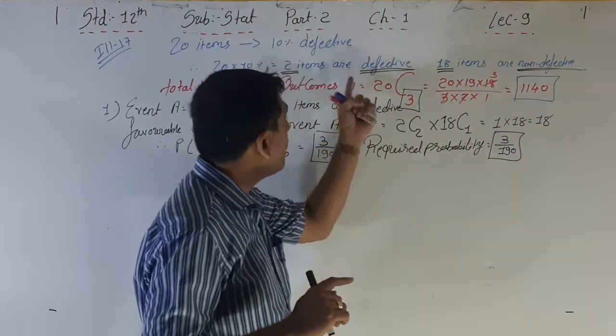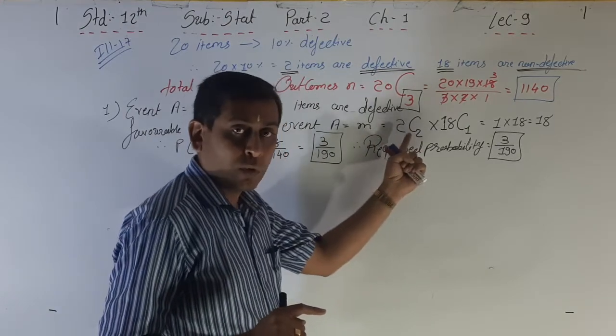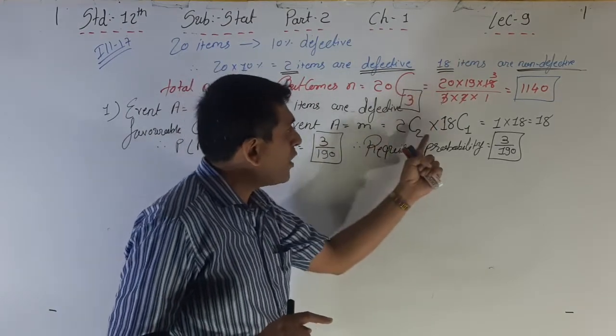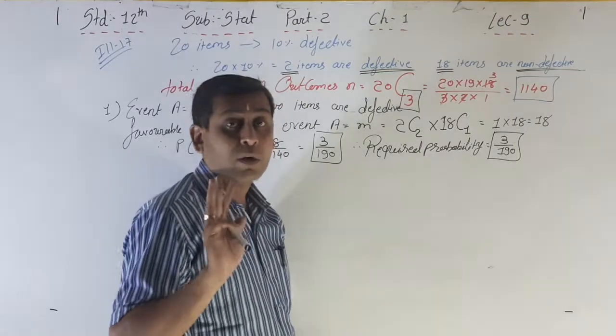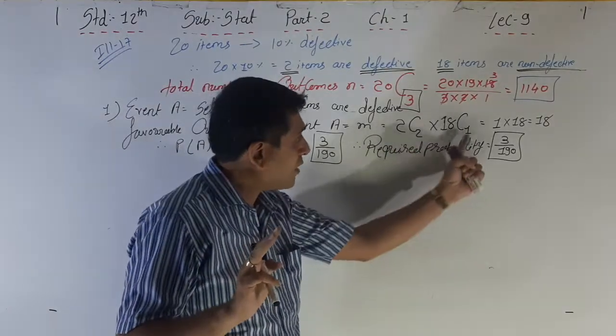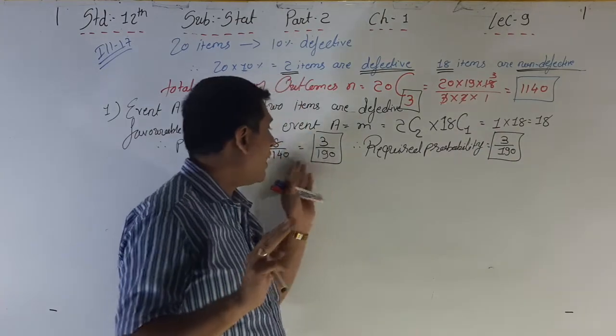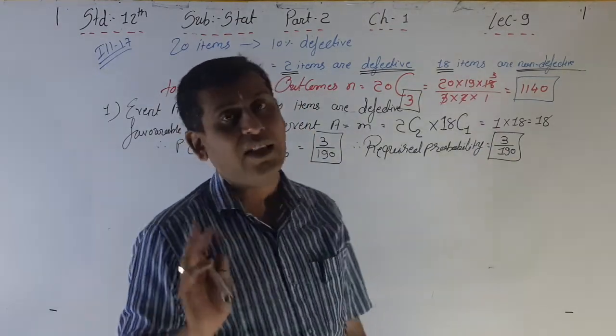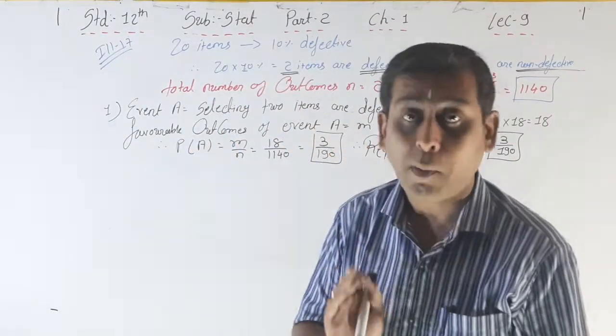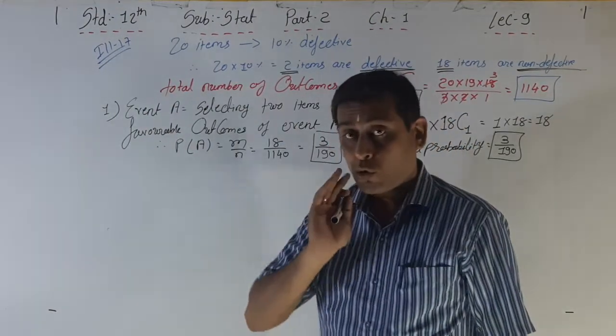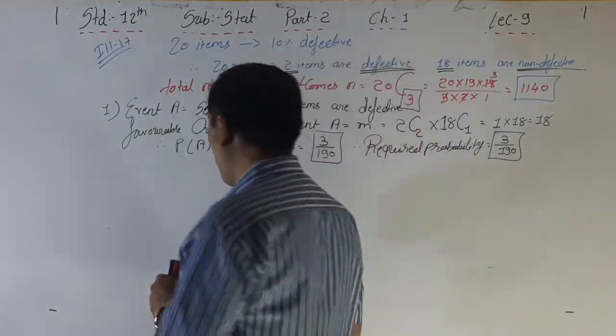From 2 defective we are selecting 2, that is 2C2. From 18 non-defective we are selecting 1. Total selection is 3 items. So 1 into 18, that is 18, and then 18 by 1140, and then 3 by 190 is the required probability. Okay, so this one is the first question.